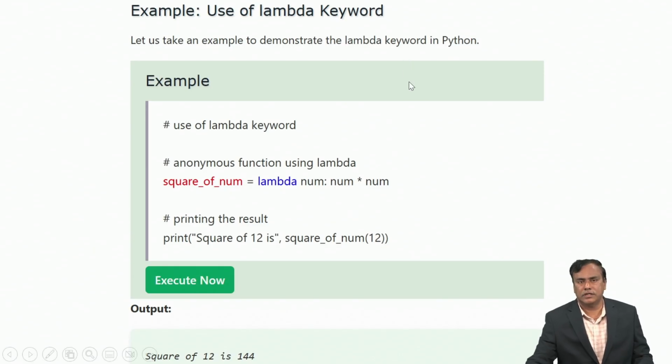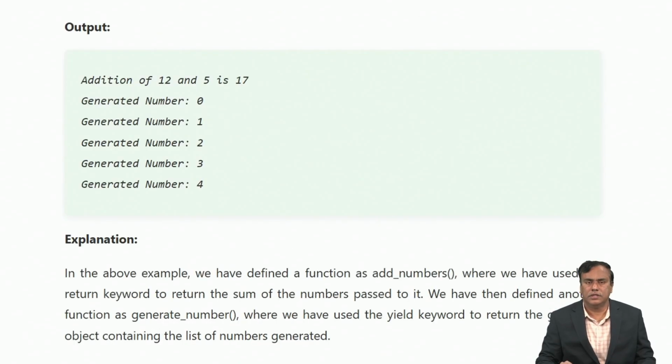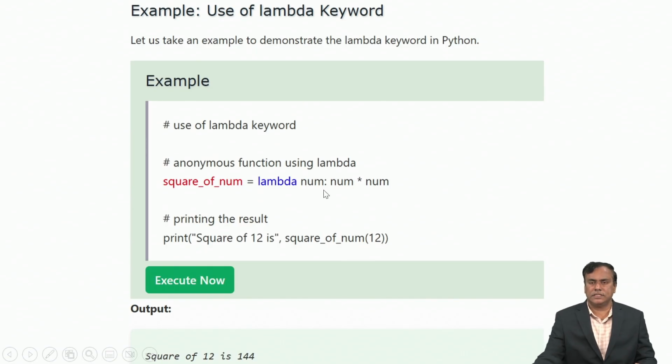It is used, as you have seen, to define an anonymous function. So this is the code which demonstrates the use of this lambda keyword. Lambda is a keyword. You might have observed that these keywords appear in blue color, which is the indication that it is a keyword.